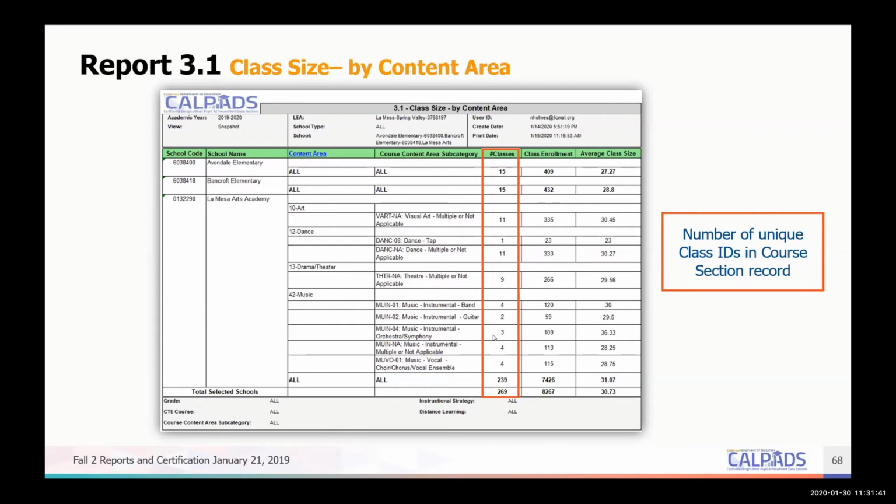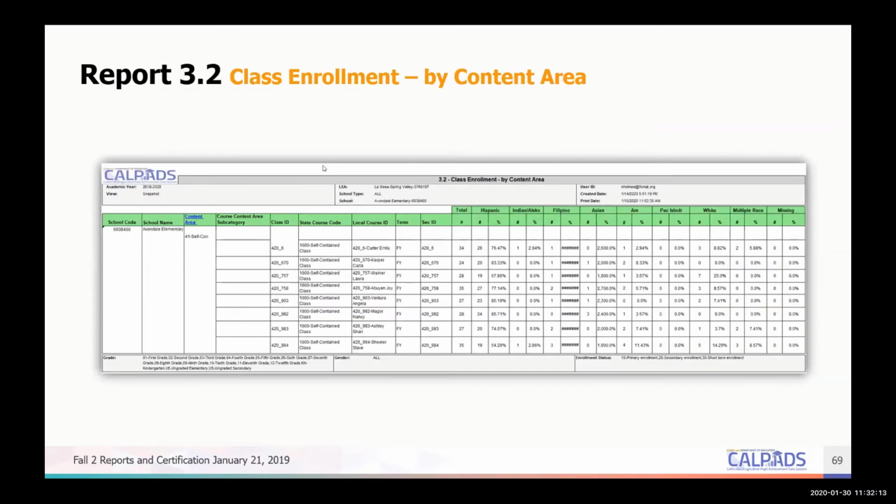The number of classes are represented by unique class IDs, so that your class is different from the course or course section. The number of classes are going to be represented by the number of unique class IDs. You have the total enrollment and then the average class size. If you have an average class size represented that is extremely large, right? Say you have 45 kids in a class, that's an indication you're using duplicate class IDs. So that's something you can look out for.